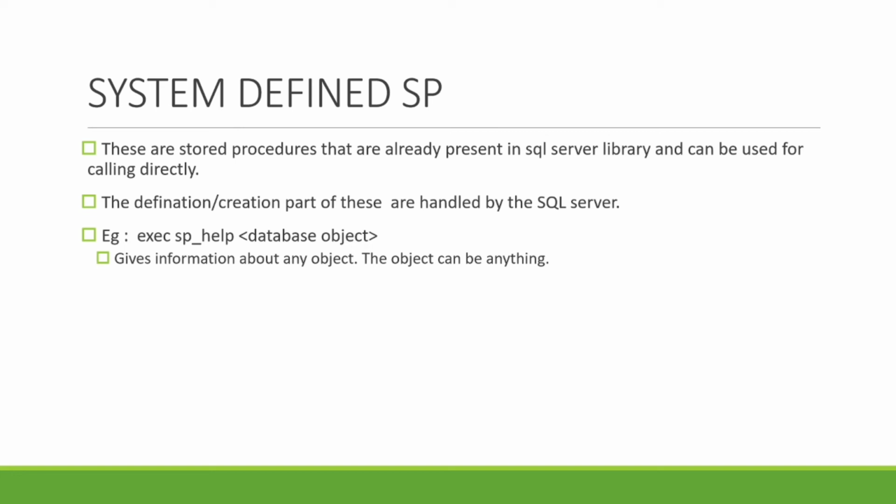Suppose you have created a user defined stored procedure and you want to find out who the owner is or get more information about it. You can use this command: exec sp_help, then the name of that database object, in our case the user defined stored procedure, and the system will give us all the information related to that object.